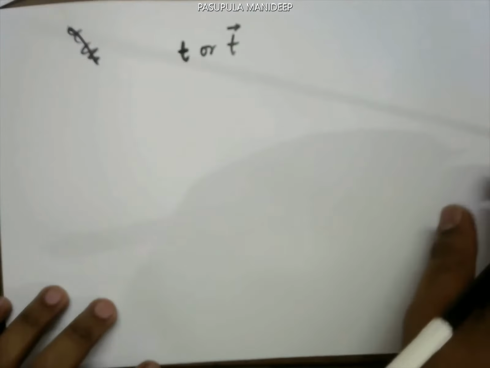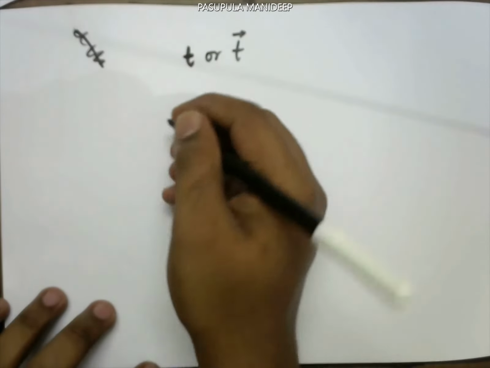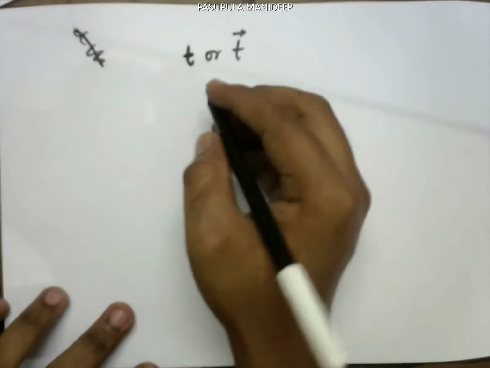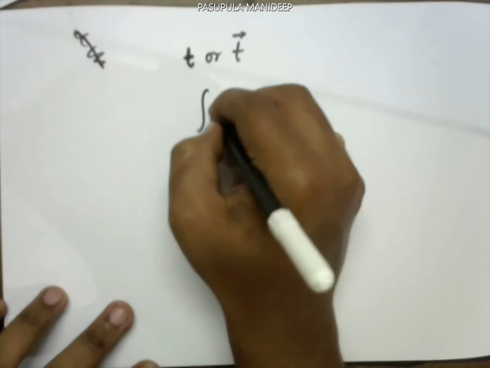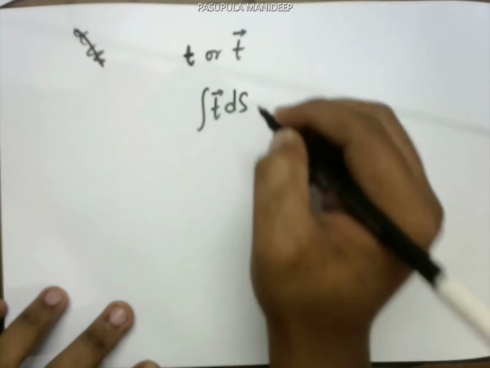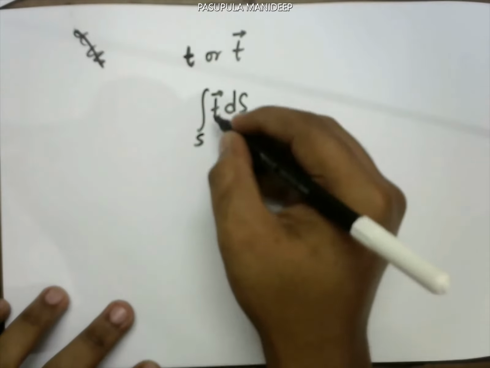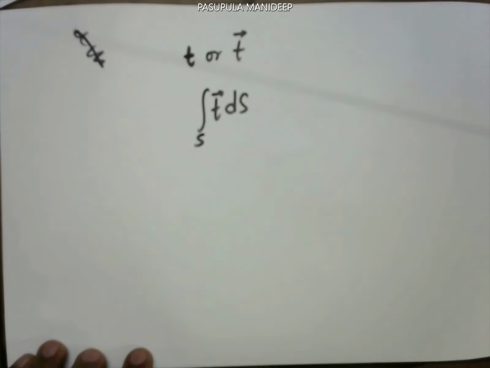Now the contact force acting on the elemental fluid can be written as T into dS, right? Because the traction vector is nothing but force per area.